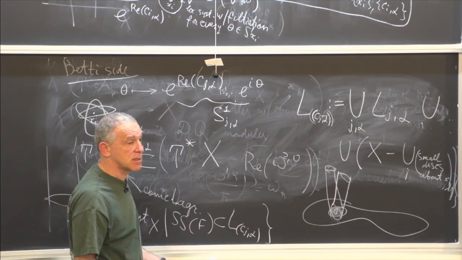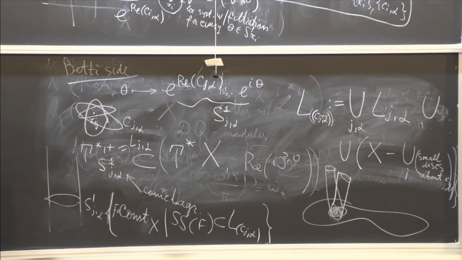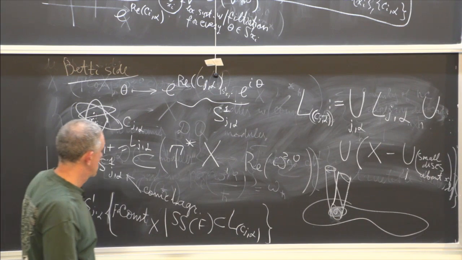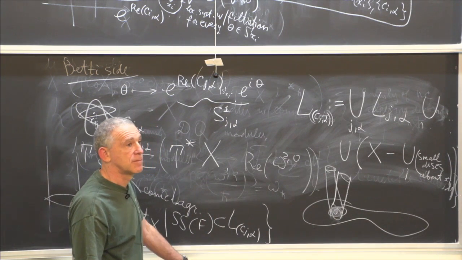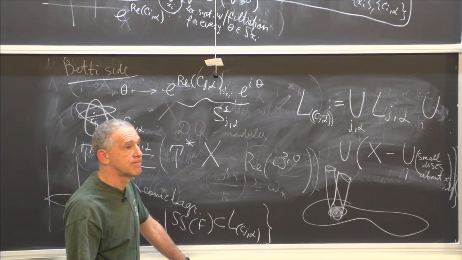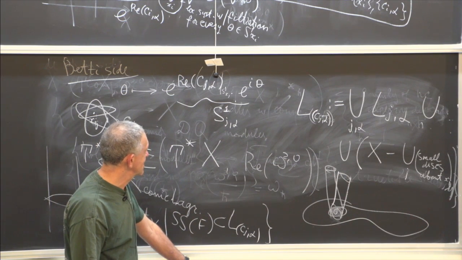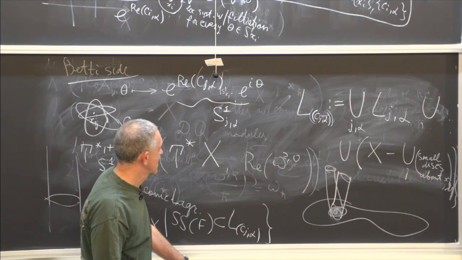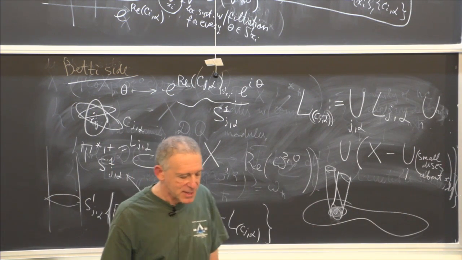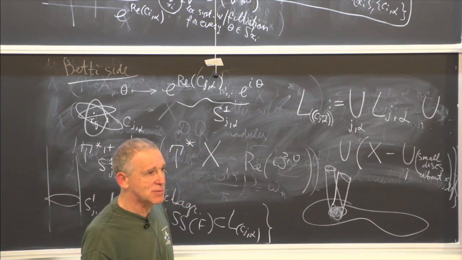So that's a category which stays on the Betti side, and this is just a reformulation of the Betti side of Deligne-Malgrange. So these Lagrangians so far only depend on the formal decomposition, they depend on the singular terms.